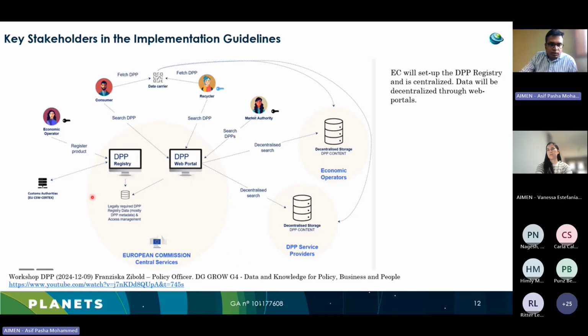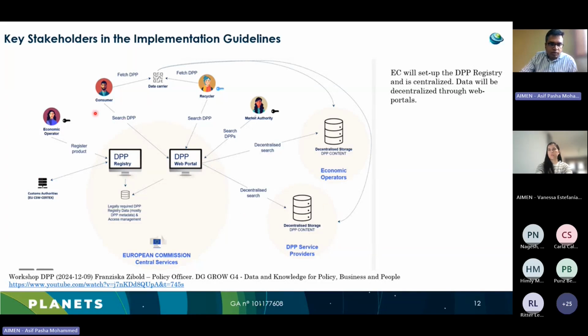And also we have the customs authorities here because if the products are coming out of Europe, they go through this customs authorities system. So the idea is also to interface with the DPP registry for compliance and control. The idea here is like the decentralized storage.